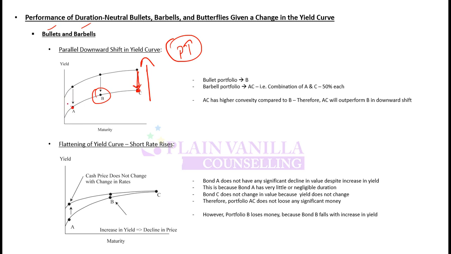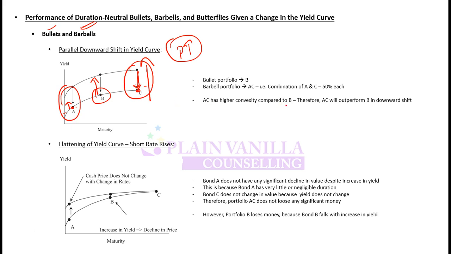At A, price will increase by a lower amount, and at B, something in between. So overall, A and C together will outperform B. That means in this scenario, barbell is better. If there is a parallel downward shift, barbell is better. Why? Because A and C together will outperform B.